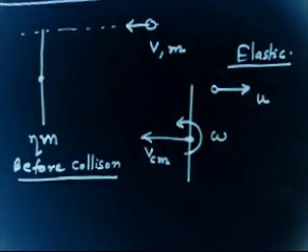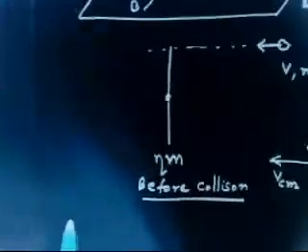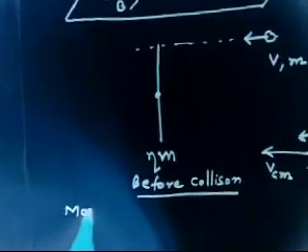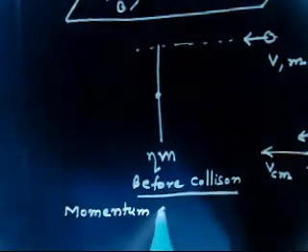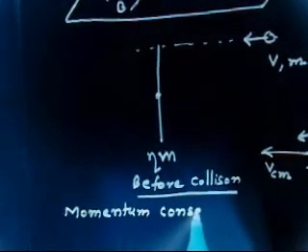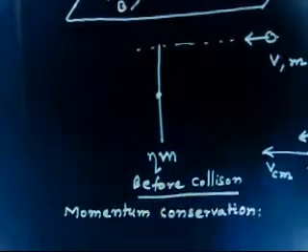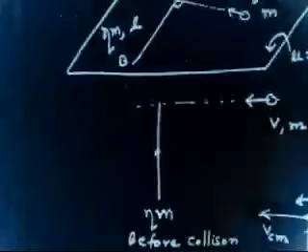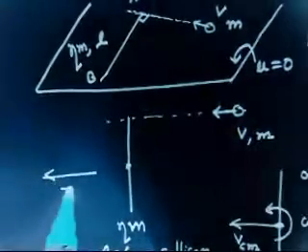So I can write one equation from momentum conservation. No force is acting, so in the horizontal direction, momentum has to be conserved. Initial momentum is in this direction. Let us say this direction is the positive direction.